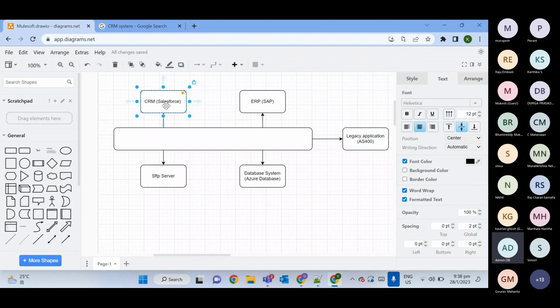And compared to Dell Boomi and MuleSoft, MuleSoft is very much coupled with Salesforce, and both of them are Salesforce products. Let's say you are already using the Salesforce CRM system; in the CRM world, Salesforce is a big giant and has acquired almost the entire market. So most clients using Salesforce as a CRM system prefer MuleSoft as an integration technology.